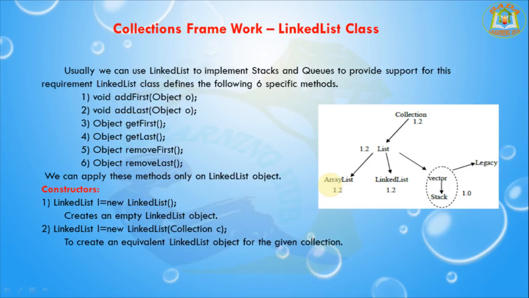Similarly, we can get the synchronized version of set and map objects by using synchronizedSet and synchronizedMap. ArrayList is the best choice if our frequent operation is retrieval. ArrayList is the worst choice if our frequent operation is insertion or deletion in the middle, because it requires several internal shift operations.